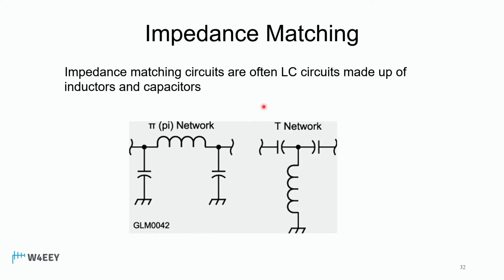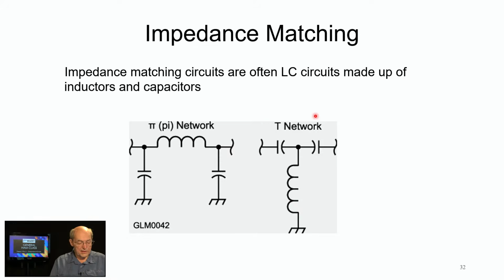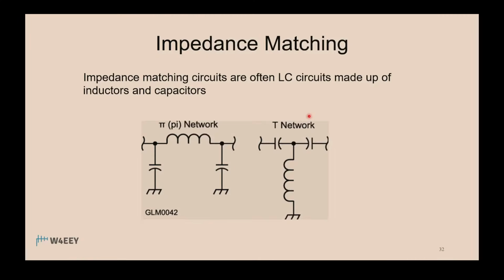So impedance matching circuits are often LC circuits made up of inductors and capacitors. I'm going to go back over to the telestrator again. So this is called a pi network, and you can kind of see why, because it looks like the Greek letter pi. Okay, a T network, you can see that it is configured like a T. So that's a pi network and a T network, and by selecting different values of the capacitor and inductor, you can make this tune just about anything.